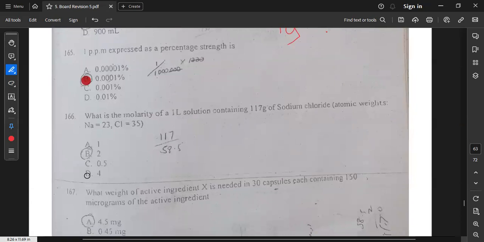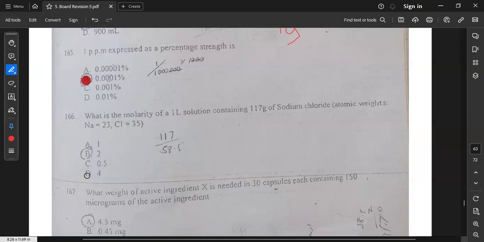So, what is the molarity of a 1 liter solution containing 117 grams of sodium chloride? We've been given atomic weights 23 and 35. So to calculate the relative molecular weight here, sodium chloride, 23 plus 35, 58.